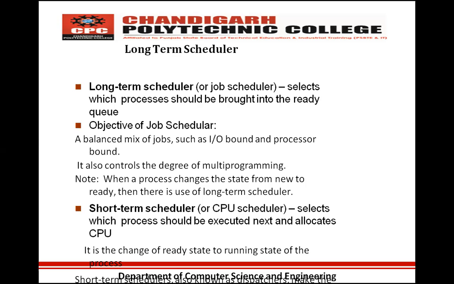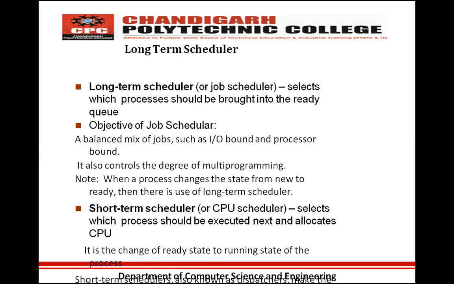The second objective is a balanced mix of jobs, such as input-output bound and processor bound. When it selects processes from the job pool, it selects a mixed type of jobs, say 50% from input-output bound and 50% from processor bound. It also controls the degree of multi-programming. Its important task is to change the state from new to ready.